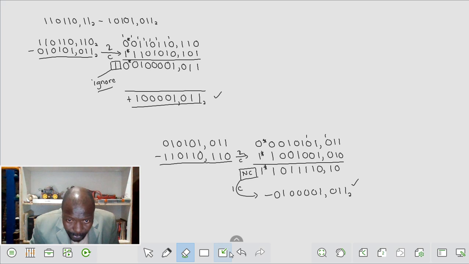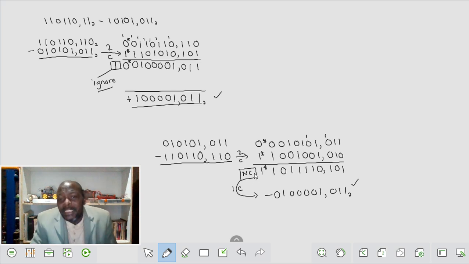Now what will happen is that when you add, that's a 1, that's 2, which is 0 carry 1, the rest is going to be the same. So what happens is, when you don't get a carry, you repeat the same complement, and that is 2's complement. When you repeat the same complement, this one stays the same, the rest you do 1's complement.